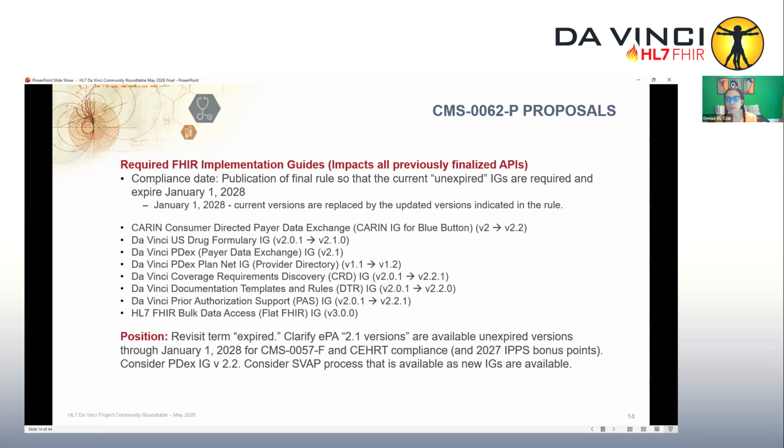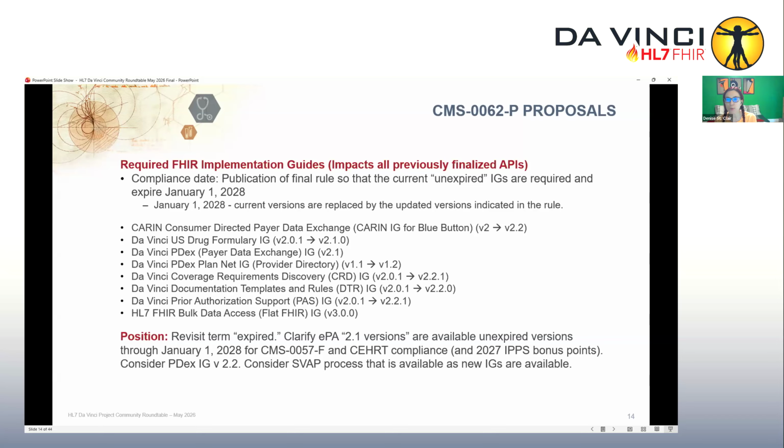And then the other is to really clarify, particularly for electronic prior authorization or EPA, if those 2.1 versions are available as unexpired versions through January 1, 2028, to be compliant with CMS 0057, to be compliant with CERT compliance, which relates, if folks are playing along and looking at the IPPS 2027 rule, to an opportunity to get bonus points if you use prior authorization IGs for certified health IT.